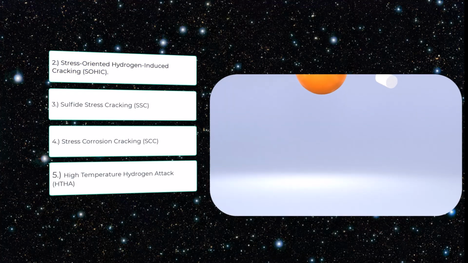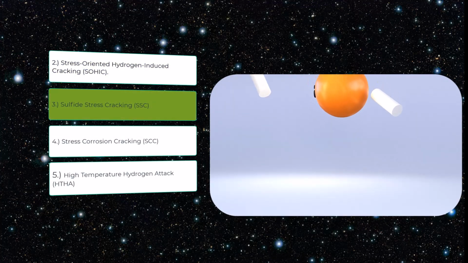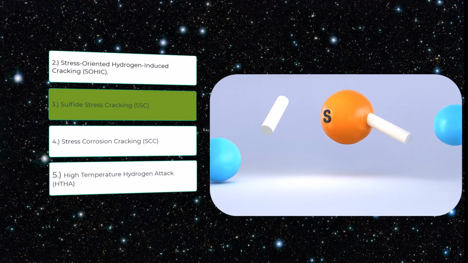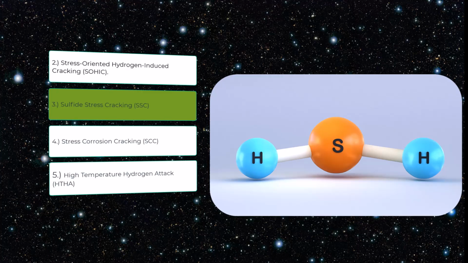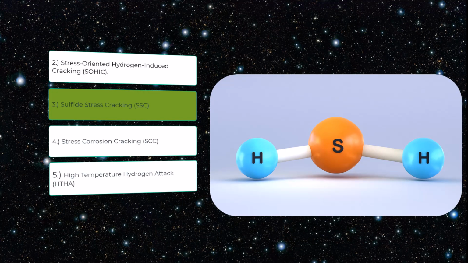Next, we look at sulfide stress cracking, which always happens, obviously, in the presence of sulfides, most notably hydrogen sulfide. In this case, with sulfide stress cracking, the sulfides do play a role in the hydrogen damage mechanism. The sulfides actually prevent the hydrogen ions generated from the water, which would normally recombine to hydrogen gas and just be flushed off.